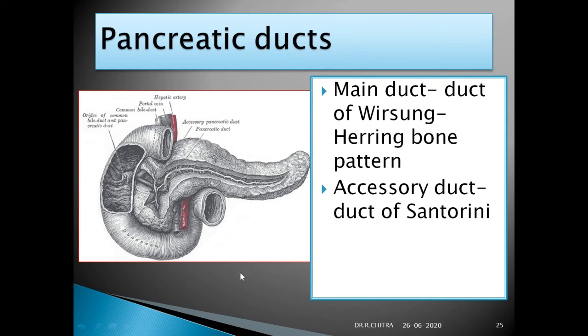The accessory pancreatic duct is also called the duct of Santorini. If you have seen how these ducts of the pancreas are formed in embryology, then you can understand how this is. One duct is the major pancreatic duct and another is the accessory pancreatic duct.